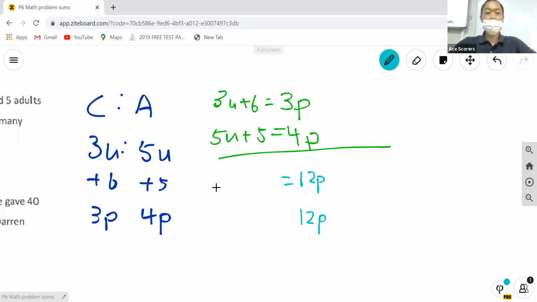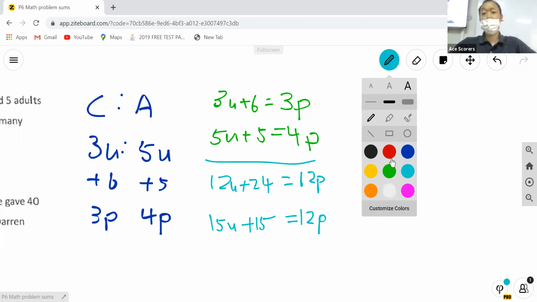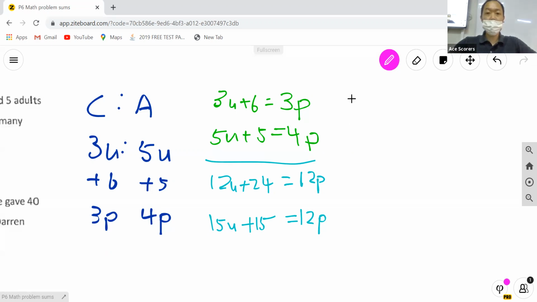So the first one here just times 4. Everything times 4, I'm going to get 12u plus 24. And here just times 3. So it's 15u plus 15. Okay, so once they are the same, big minus small. Big minus small. Okay, so b minus s.